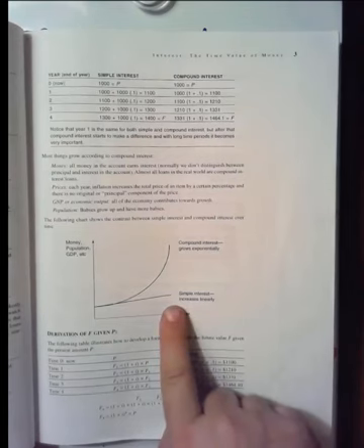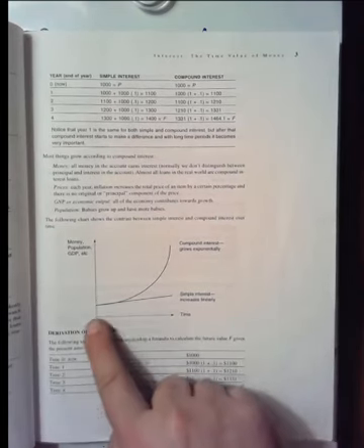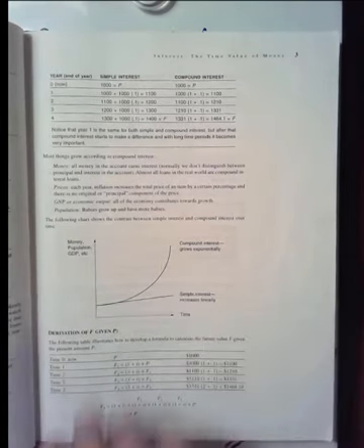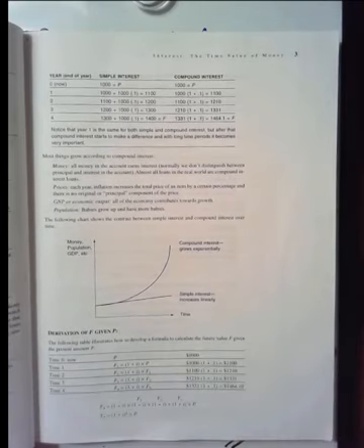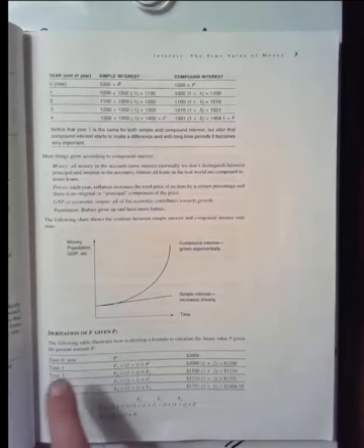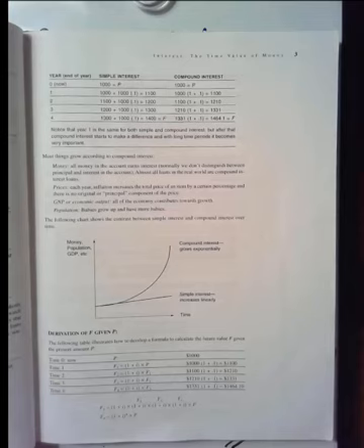Page 3: simple interest method versus the compounding method. I also have an Excel spreadsheet in Canvas for you to play with, and you can see graphically how this discrepancy gets really huge as time goes by.